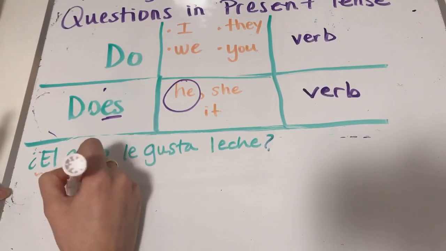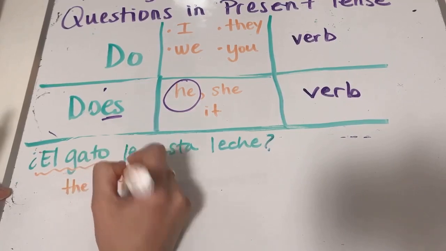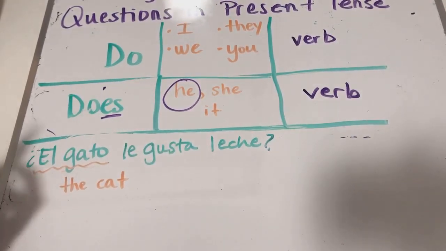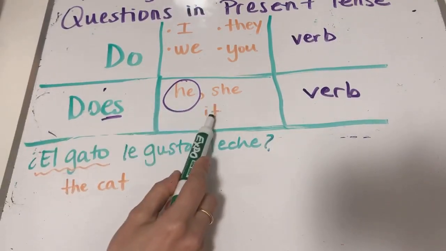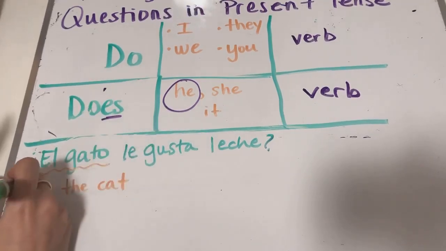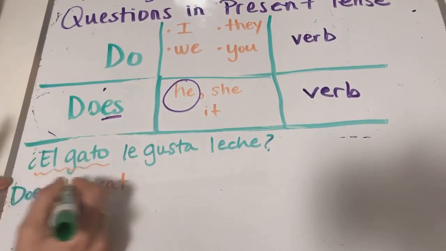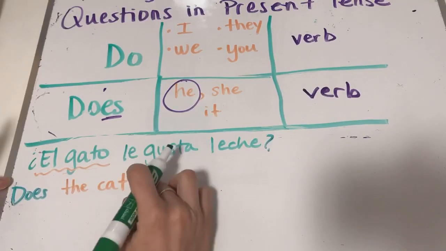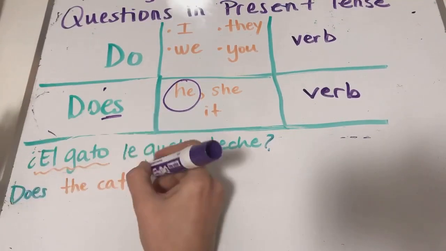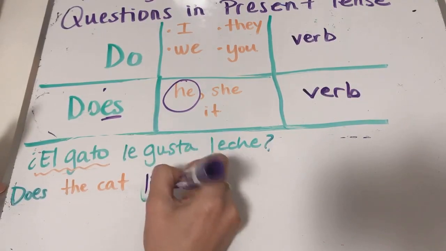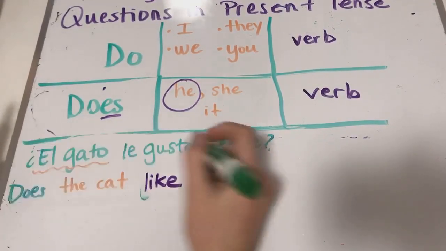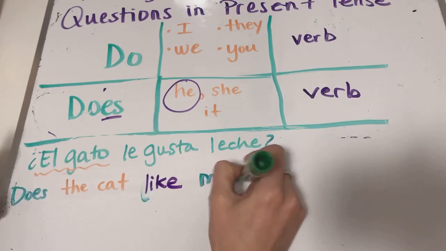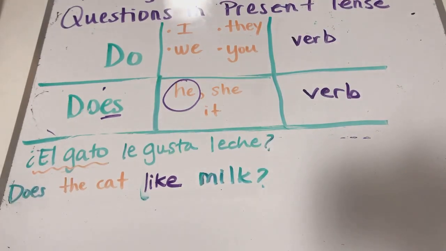O podemos decir the cat. So to start our sentence, when the subject is it, we use does. So we would say, does the cat like, es el verbo gustar, like, and then leche, milk. Does the cat like milk?